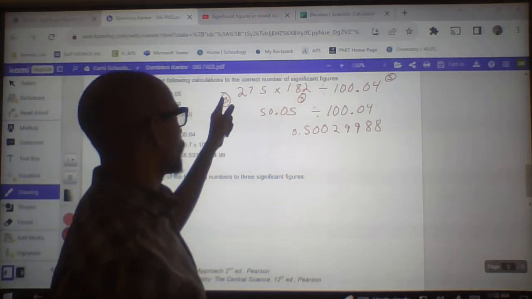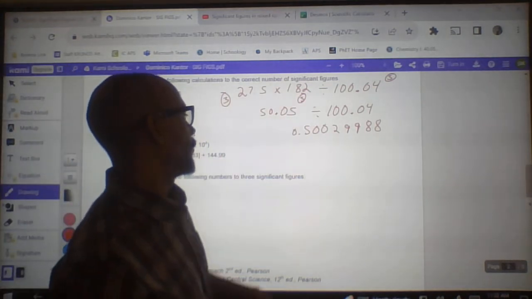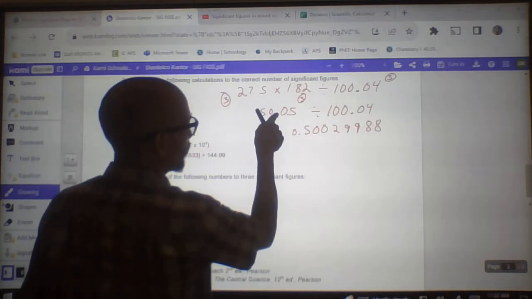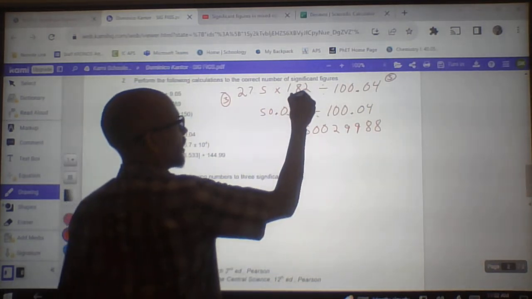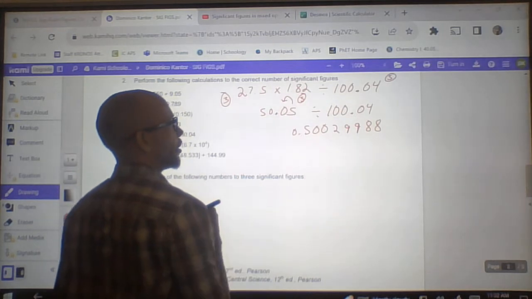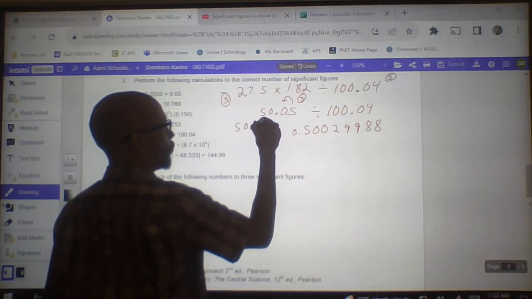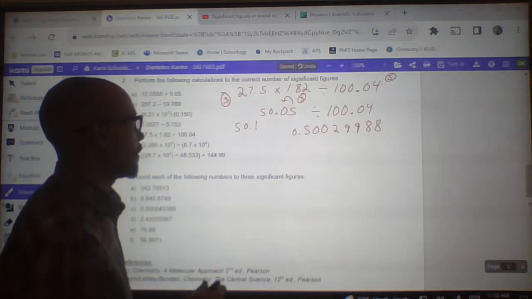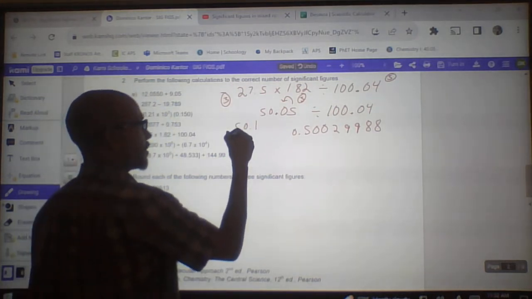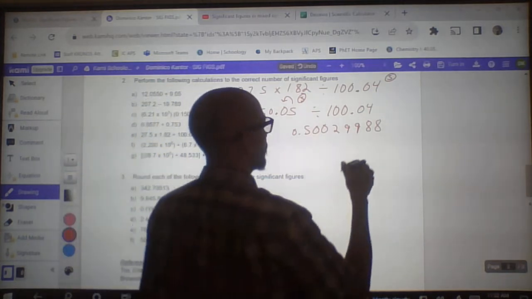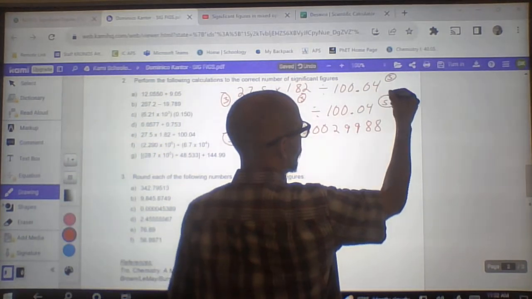We had 3 significant figures, so this one would have been rounded to the tenth spot. This 5 would have told me to go up, and I would have gotten 50.1. This is 3 significant figures, and this guy was still 5 significant figures.